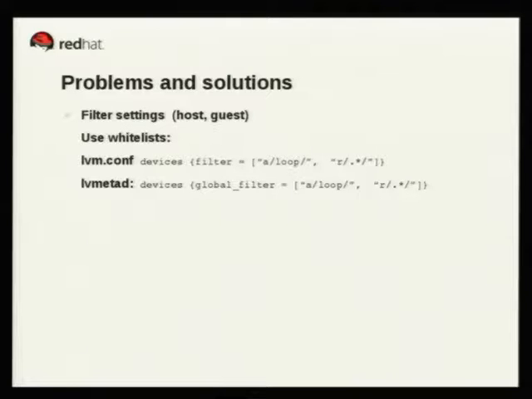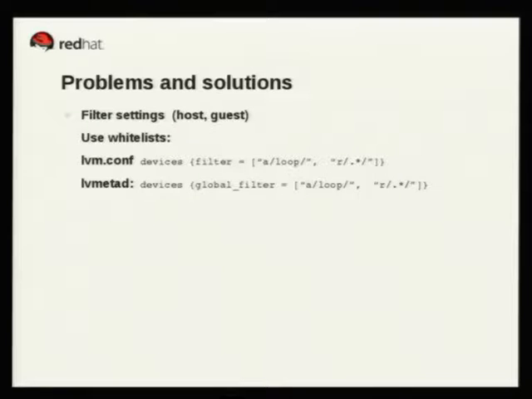With lvm2, we introduced a new type of filter. It's a global filter, so it's getting a little bit more complex than it used to be. In the past, filter was enough. With lvm2, we also have the global filter, and filter is now like a sub-filter for the global filter. I always suggest using whitelisting.